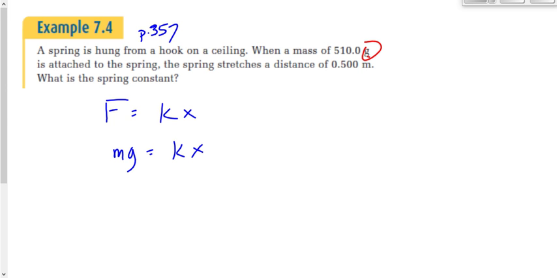We're dealing with the magnitude of gravity here. Technically, gravity is downward, but we want the magnitude to be equal to the Hooke's law force. So we're just going to make it a positive value of g. 0.510 kilograms times 9.81 equals k times the value of x, 0.500 meters.